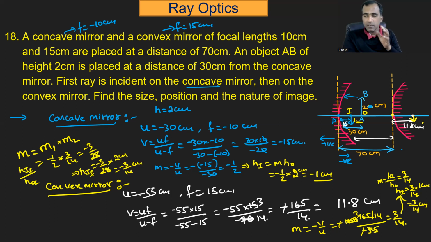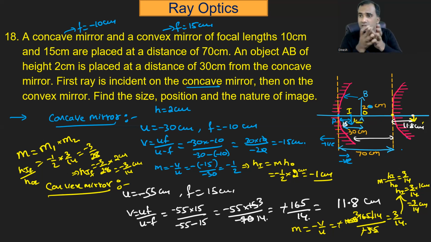Object for one mirror will create an image. The image of one mirror is acting as object for the next one. The meaning of it is rays are coming from this. After reflection, they are converging here. And after converging, they are not stopping. No, they are leaving. They are leaving from here and they are touching this mirror. So they look like they are trying to emerge from here. Once the rays converge here, they will also diverge.